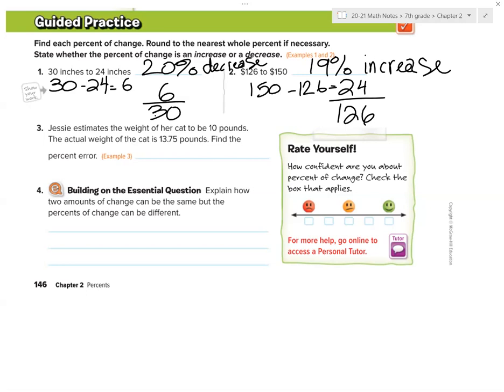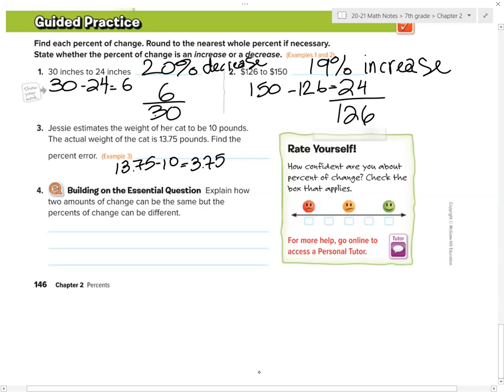Jessie estimates her cat to be 10 pounds. The actual weight was 13.75 pounds. It might be a big cat, who knows? So I took the actual weight minus the estimate, and I'm going to put that over the actual weight.